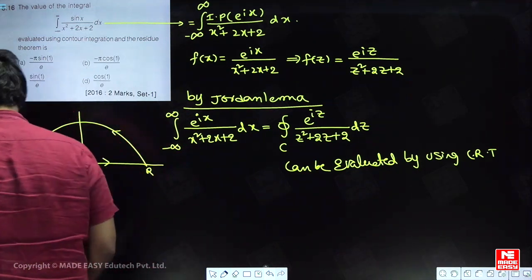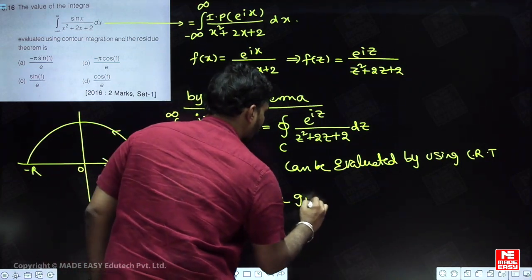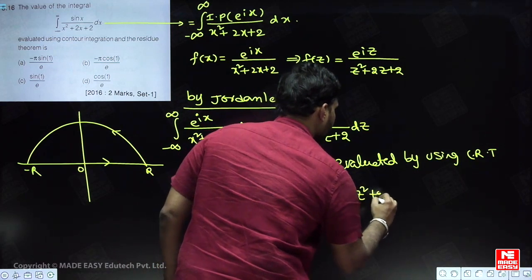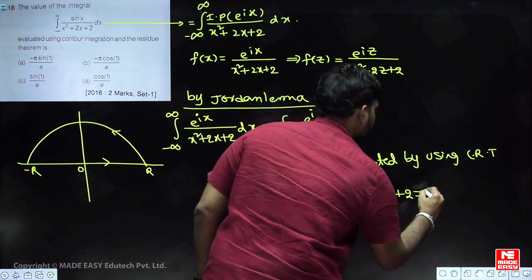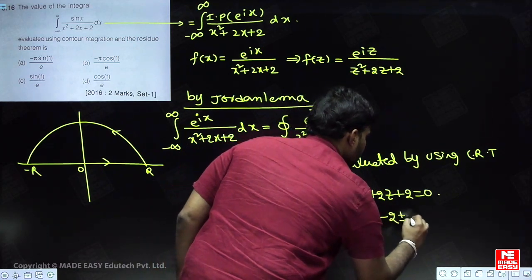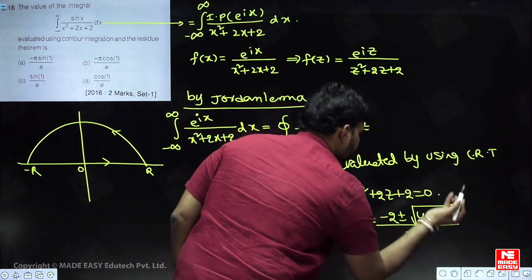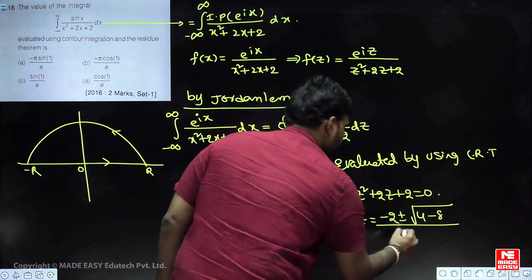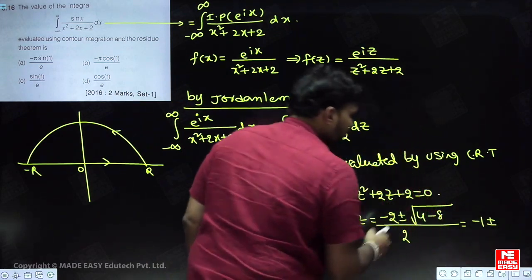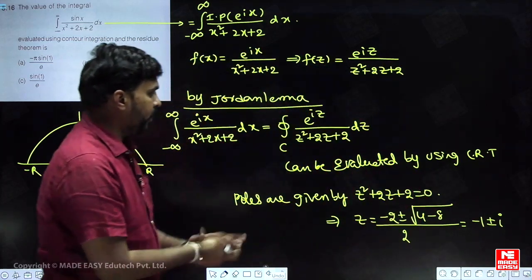The poles are given by z^2 + 2z + 2 = 0. If you solve this, z = (-2 ± √(b^2 - 4ac)) / 2a, which gives minus 1 ± √(-4)/2, so it is ± i.